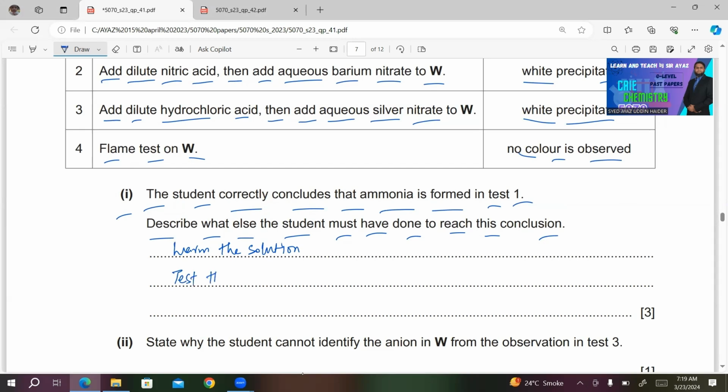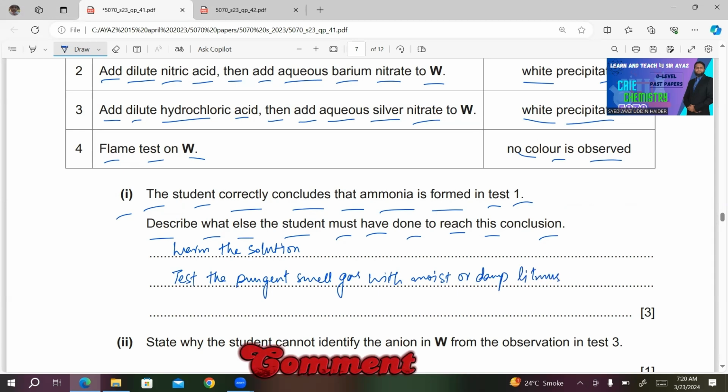Test the pungent smell gas. Ammonia is a pungent smell gas. In this case, with moist or damp litmus paper. Paper turns blue.